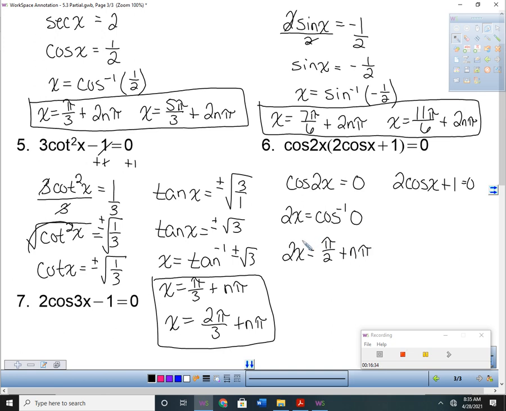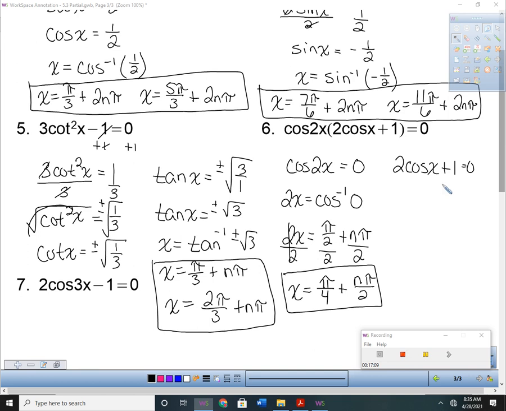Now, I still am not completely solved for x, correct? So I have to divide by that 2 that's with my x. So I'm going to divide this by 2, and I'm going to divide this by 2. So I have x is equal to pi over 2 divided by 2 is pi over 4 plus n pi over 2. And that will be my answer for this one.